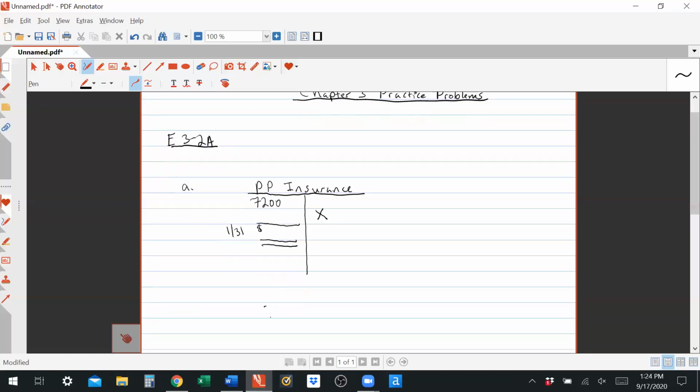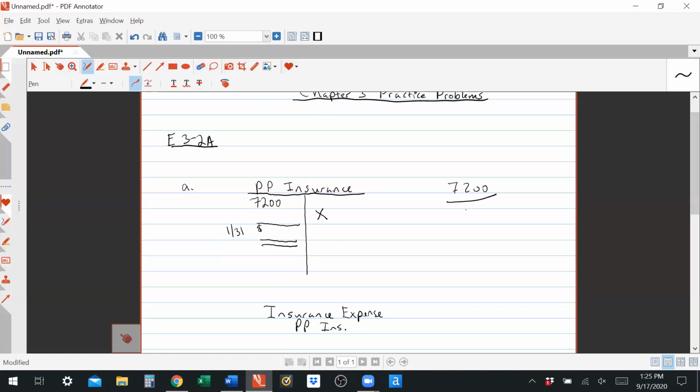So we're going to debit insurance expense, credit prepaid insurance. For how much? Well, whatever X is. So the $7,200 represents 3 years of insurance.